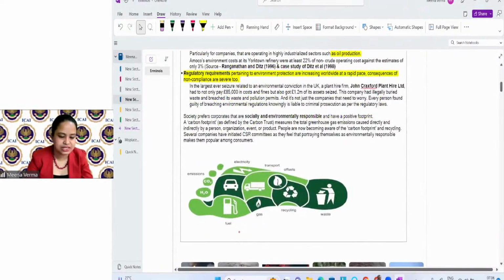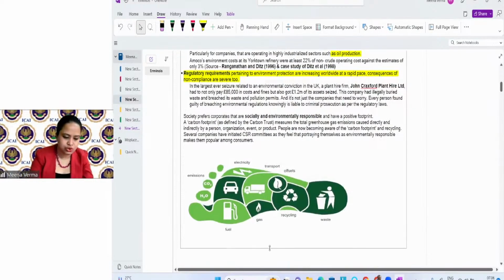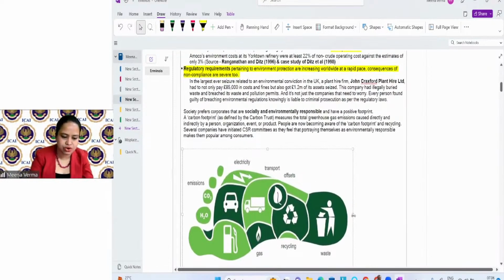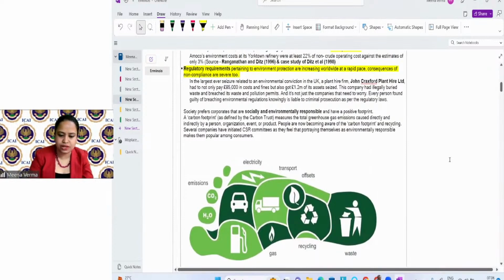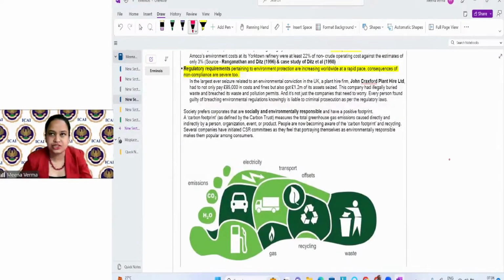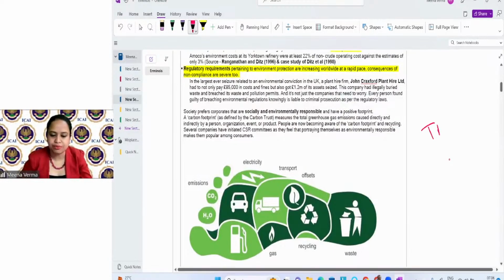Now, you will see here carbon footprint. I've taken an example here. We have this example in our book. So you can see some organizations work on all these things. One topic will come under chapter 8, that will be triple bottom line, right? Where you will study that the organization should not focus just on making money.